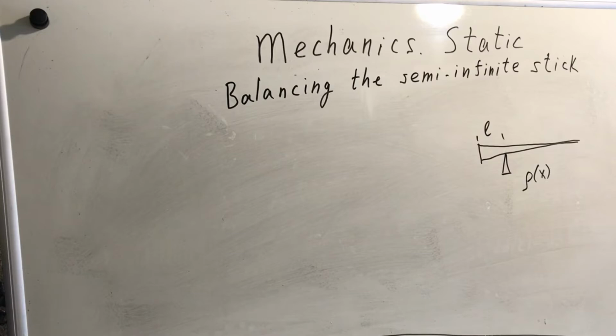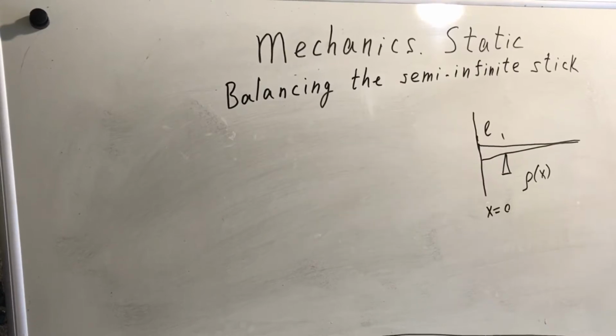Determine how its density should depend on position so that it has the following property: if the stick is cut at an arbitrary location, the remaining semi-infinite piece will balance on a support that is located distance L from the left end.